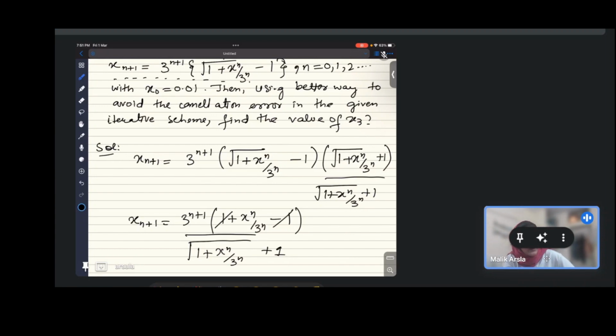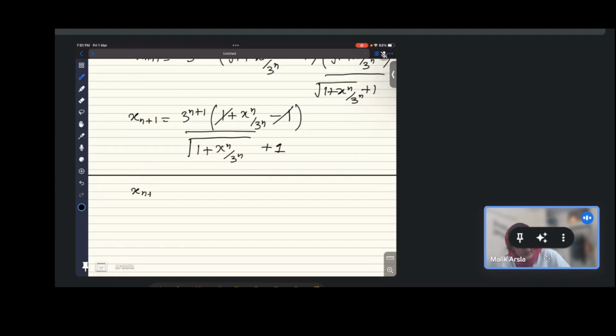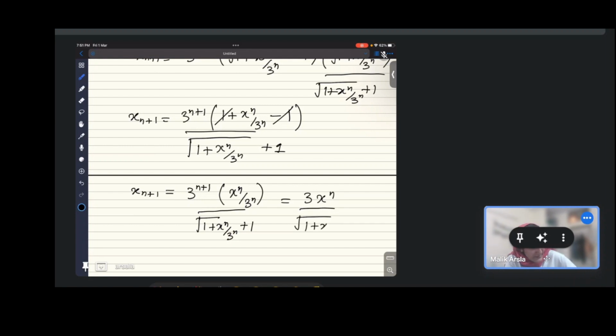Now see, here the negative 1 goes, and the expression we are getting is x(n+1) equal to 3^(n+1) into xn upon 3^n divided by the square root of 1 plus xn divided by 3^n, plus 1. Here this 3^n will cancel with 3^(n+1), and there will remain only 3. So 3xn upon the square root of 1 plus xn by 3^n, plus 1.